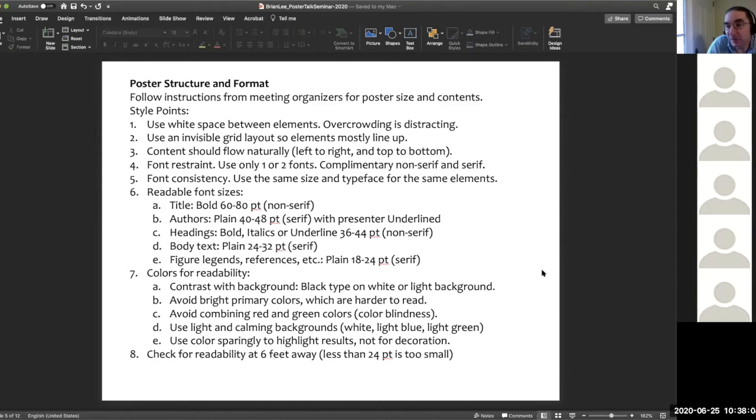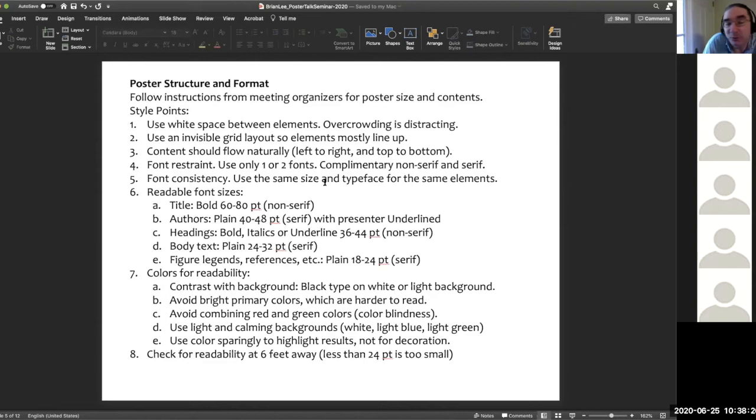It's a good idea to go back through and look at each of the elements that you have. So say the headings, and make sure all the headings are the same type size. Make sure if you're using bold headings, that all of them are bold and they're the same size. So that goes into the readability of the font sizes.